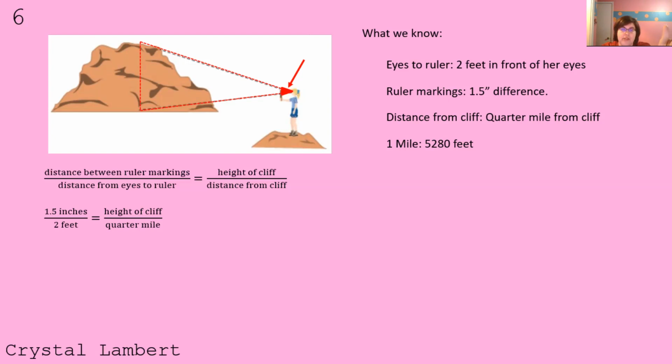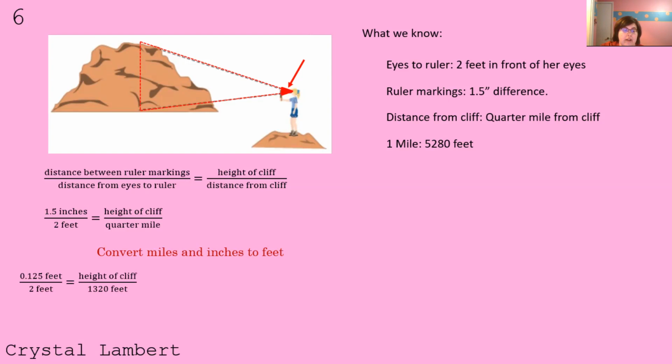So we're going to divide by 2 feet, and it's equal to the height of the cliff, which we weren't told, divided by the distance that Jenny is from the cliff, and that is 1/4 mile. So now we need to make sure that all our measurements are in the same format. So we're going to convert the miles and the inches into feet. We need some regularity.